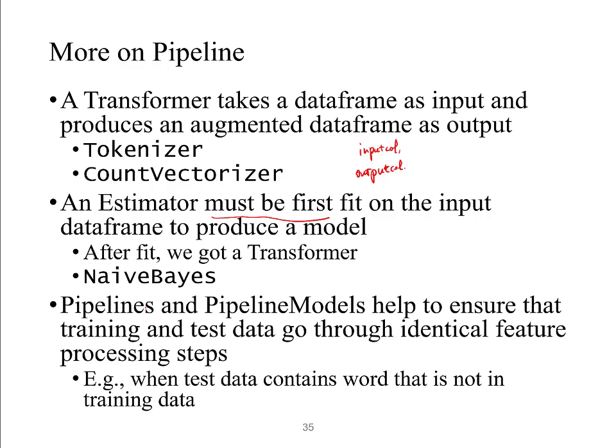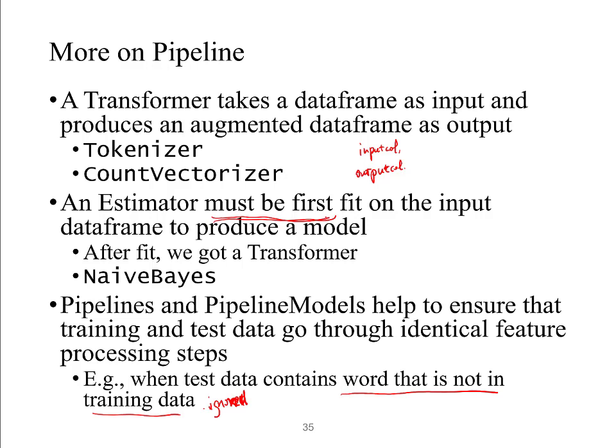What does it mean? It means that, for example, when the test data contains a word that is not in the training data, it will not affect the generation of the feature vectors. In this case, this word that is not in the training data will be ignored. That's why we say you must fit first, even when there is no estimator.